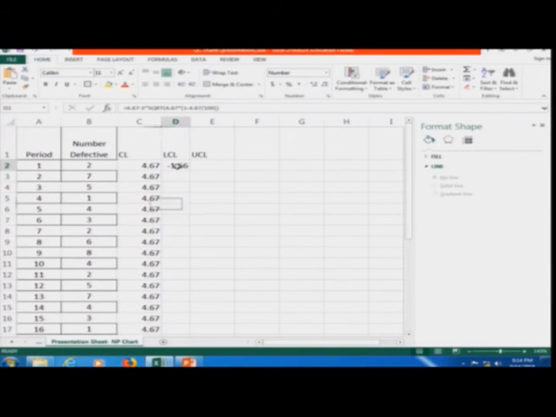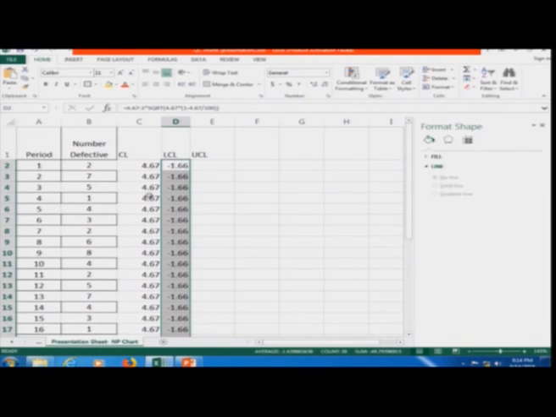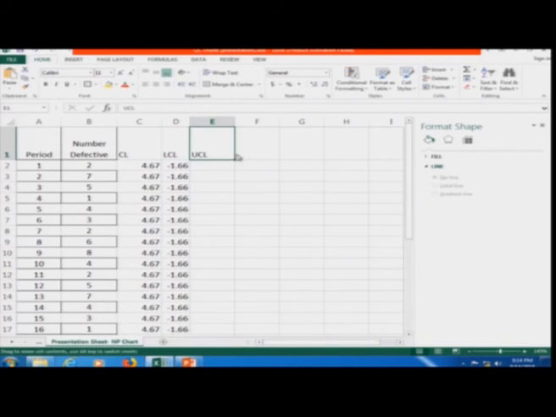So the value is negative here. NP and P bar would all remain the same here. So LCL would actually be put as 0 now. I can even put an if condition here: if this value is less than 0, then take it as 0. So LCL is taken as 0, because we cannot have negative values.